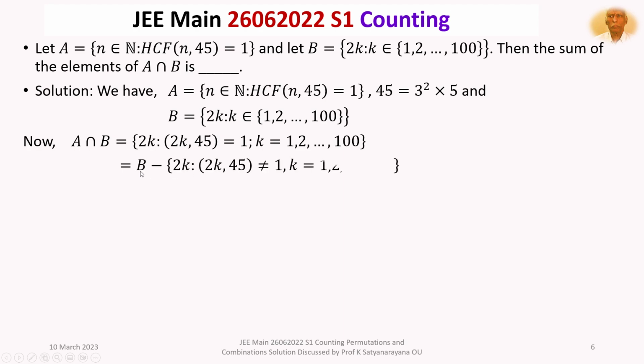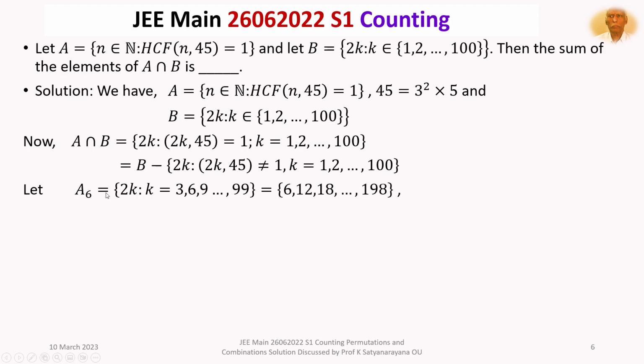So from B, subtract this set. That is equal to B minus the set consisting of 2k such that the GCD of 2k comma 45 is not equal to 1. HCF and GCD are one and the same. The GCD is normally denoted by (A, B) if we write the GCD of A and B. Now let A6 be equal to the set of all 2k, k equal to 3, 6, 9 up to 99.